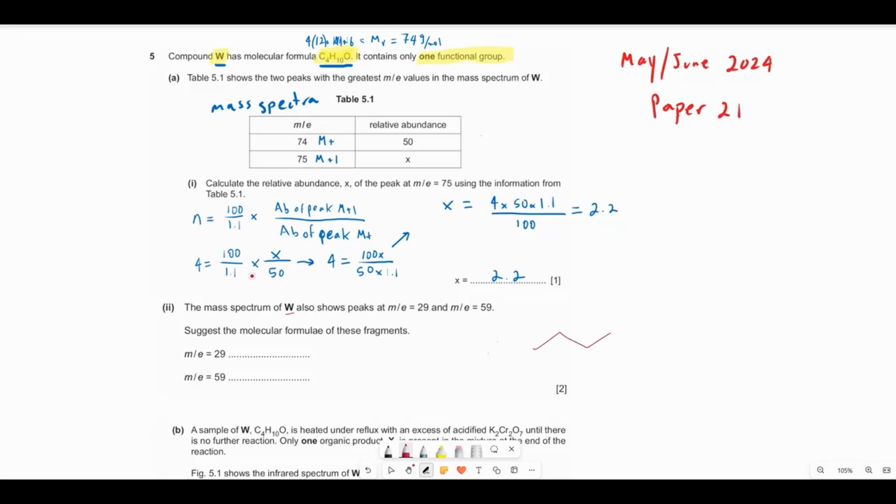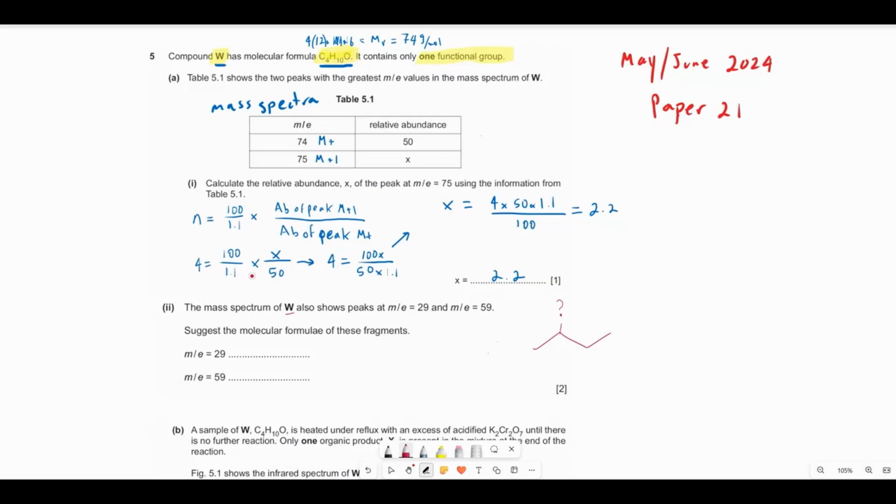So it could be a carbonyl, it could be an alcohol. We don't know what that is yet. So we just know we have a 4-carbon chain with something attached to it. We'll just put a question mark. Or it could be an OH, it could be a carbon double bond oxygen.